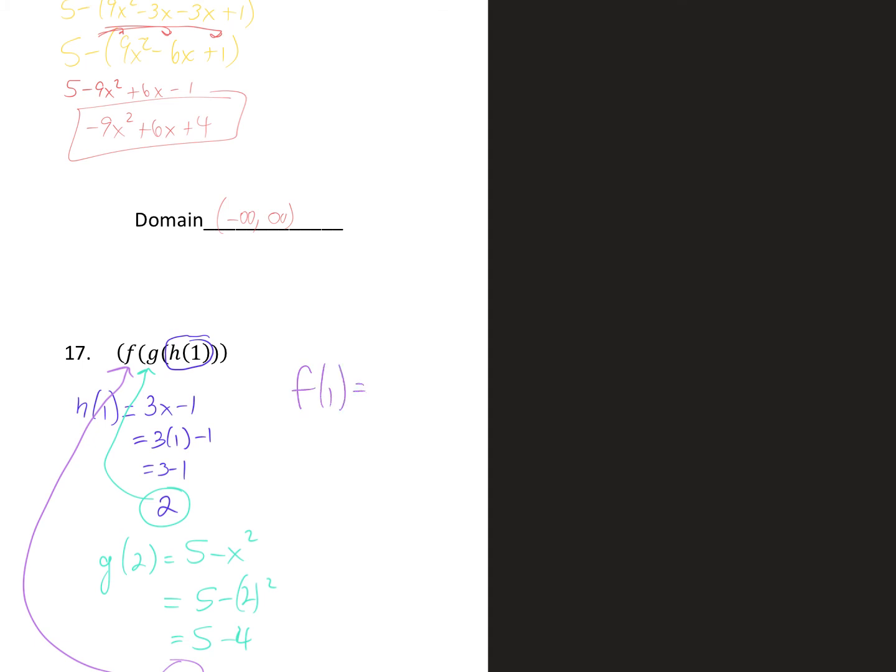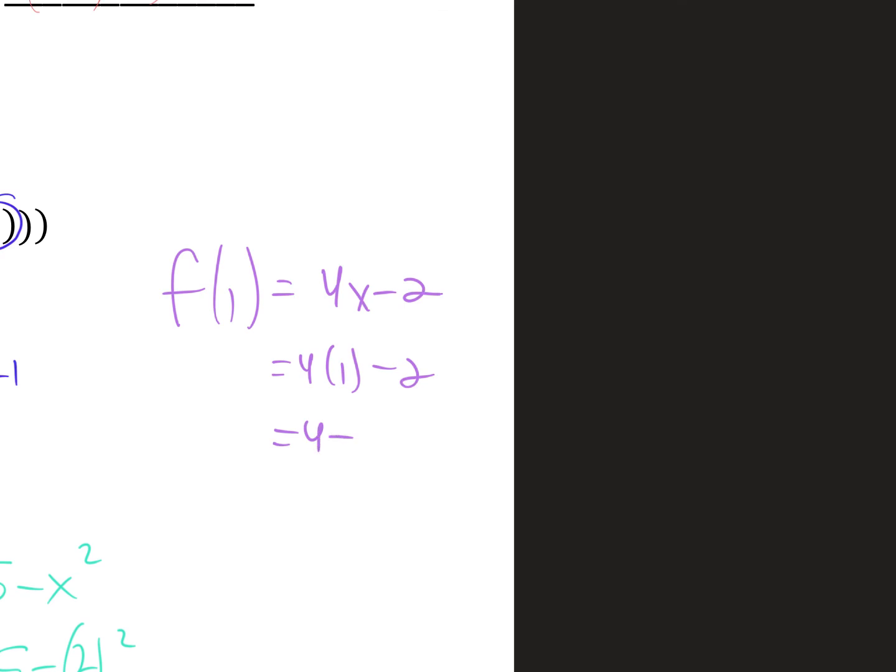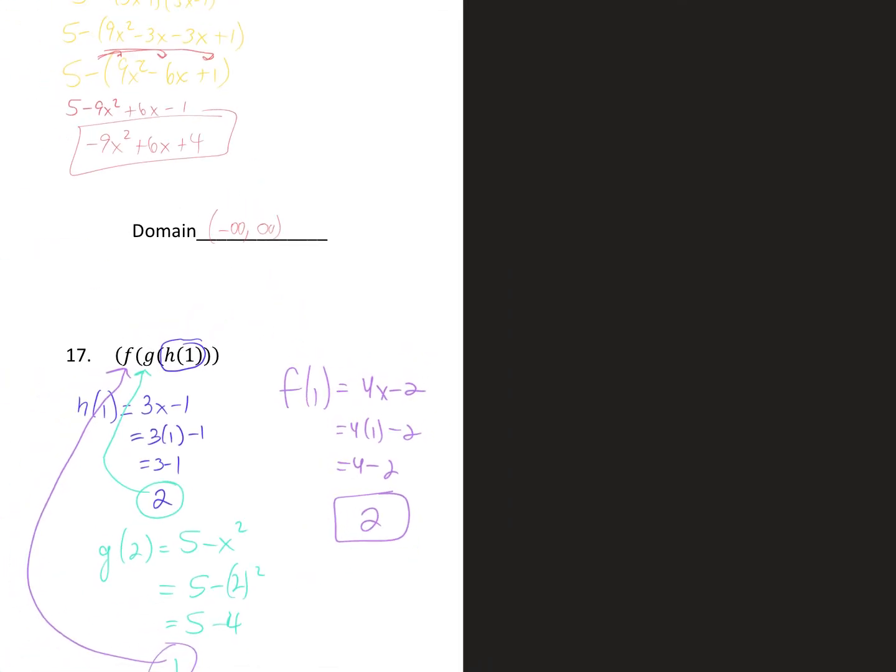What is f? 4x minus 2. So 4 times 1 minus 2. 4 minus 2 is 2. So the whole composition, f of g of h of 1, is what number? 2. You're just working from the inside out.